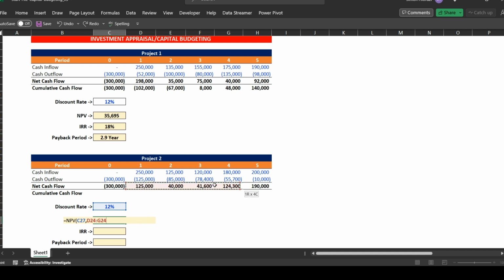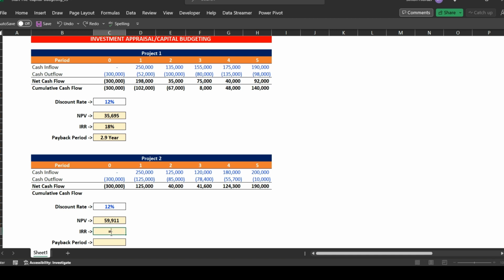So we exclude the net inflow for year 0 because it has already been discounted. All inflows or outflows in year 0 are always at year 0, so there's no need to discount them again. Then you close the bracket, plus, then you add this net inflow in year 0, enter. So as you can see here, this is the NPV.